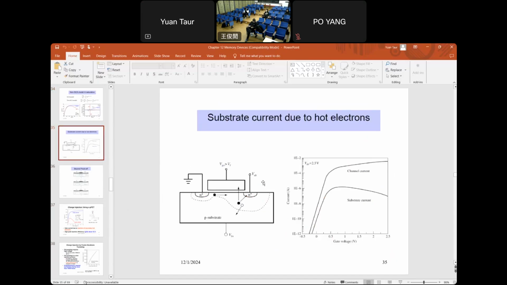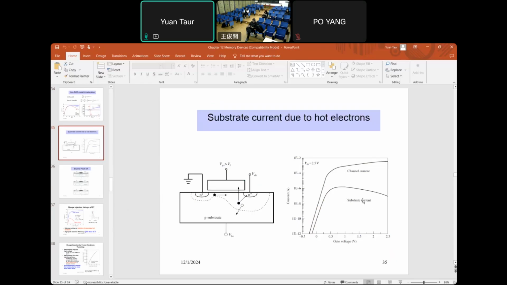So instead of gate current, we can measure the substrate current. You can see from here that the substrate current actually is very high, about 10 to the minus 3 compared with the channel current. This substrate current is due to avalanche impact ionization: hot electrons generate electron-hole pairs, and the hole goes into the substrate. So this is the substrate current.